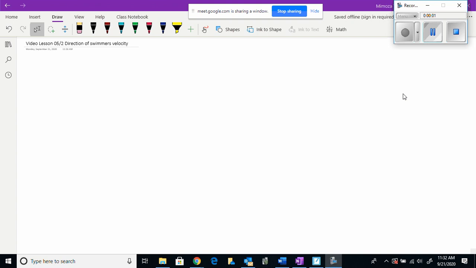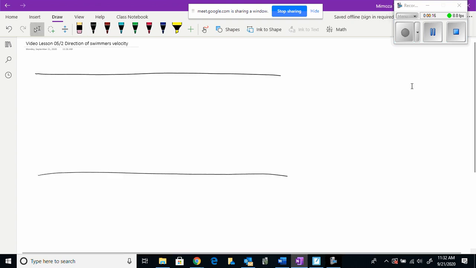So we will emphasize again how to find the direction of the swimmer's velocity when the object is ending up straight up. So let's suppose that this is the river that we are dealing with, and it is now 230 meters wide.